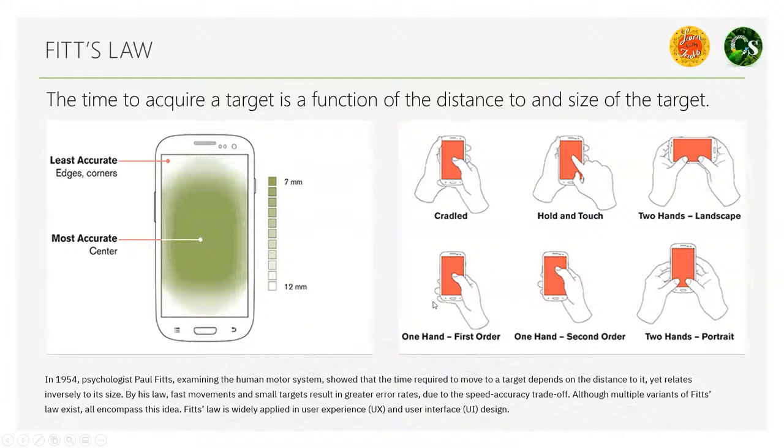The fourth one is one hand first order, where the thumb is exactly at the center. One hand second order is where the thumb is a bit above the center, and two hands portrait is mostly used while we are taking a selfie or taking a photograph using our camera.